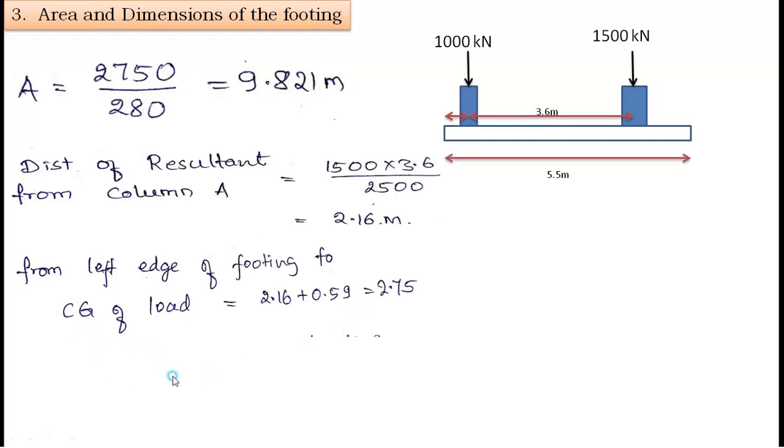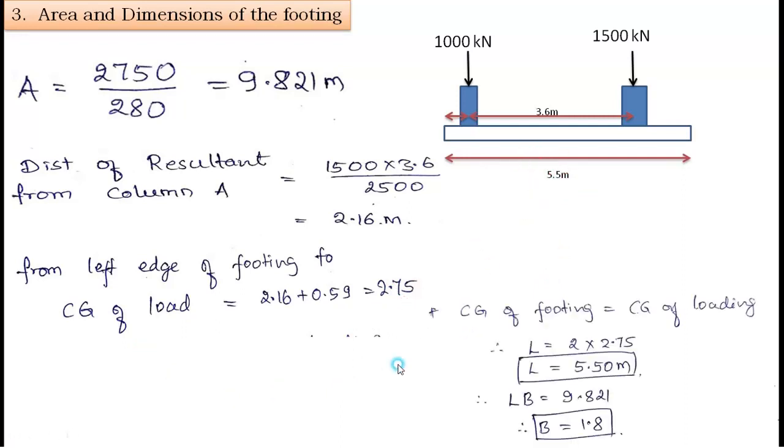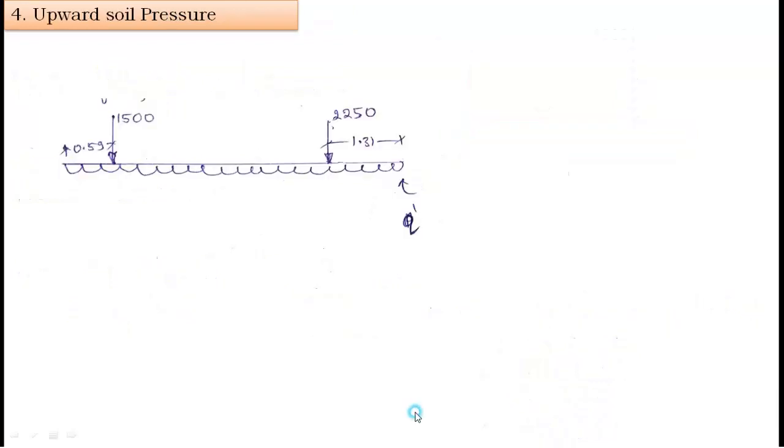So 2.75 into 2 becomes 5.5 meter. We already know the total area is 9.821, therefore the breadth will be 1.8 and the length will be 5.50 meter. This is the proportion of the rectangular combined footing.